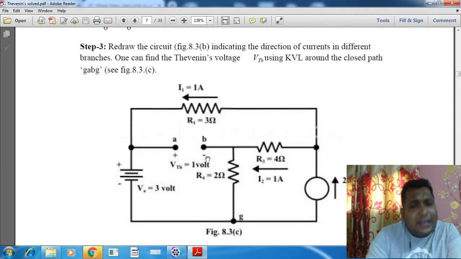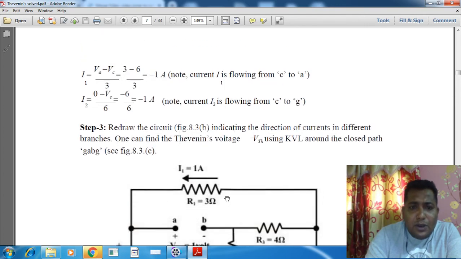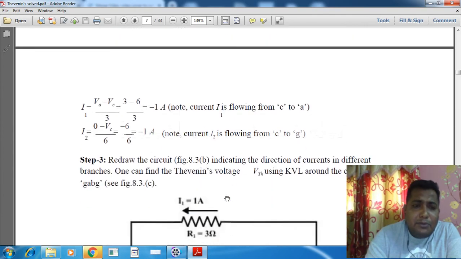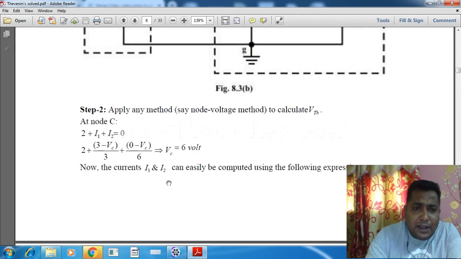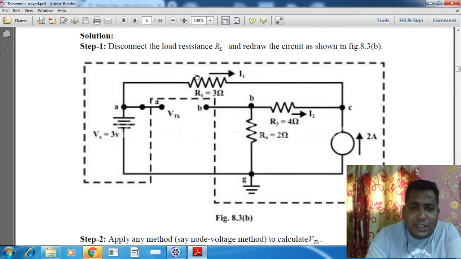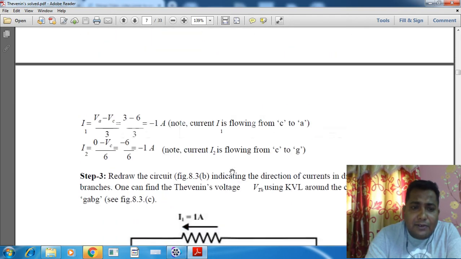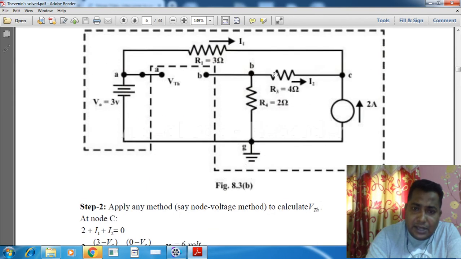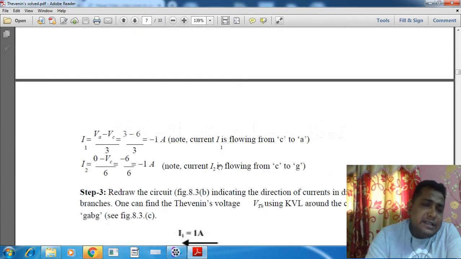After finding the currents, one thing we have to point out over here: I1 is minus 1 ampere and I2 is minus 1 ampere. In the previous diagram, the direction of I1 is from A to C, and the direction of I2 is from B to C. That was our assumed direction, and after calculation we see the values are negative.